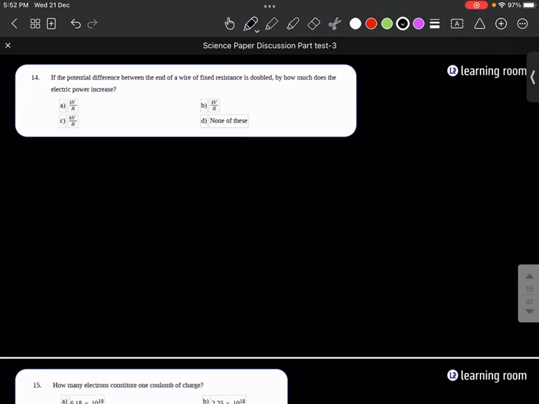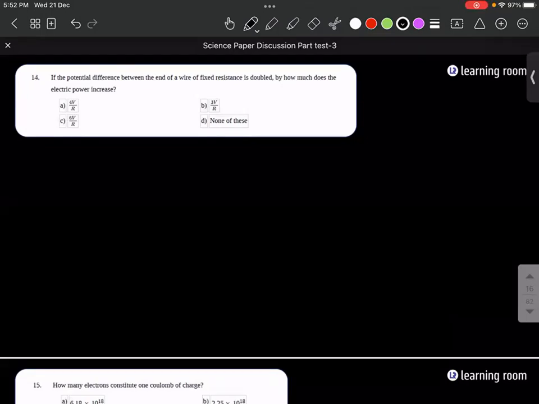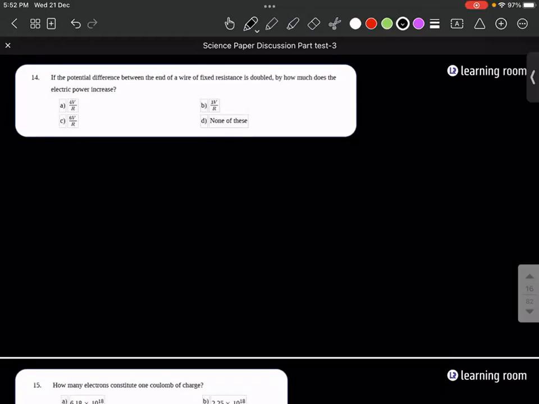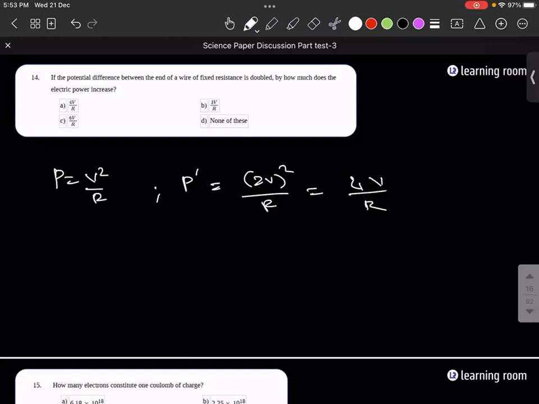So power is equal to V square by R. So P dash will be equal to 2V the whole square divided by R. That is 4V divided by R. Actually, it should be 4V square divided by R. The answer should be this one.